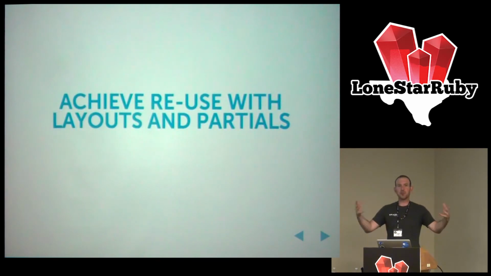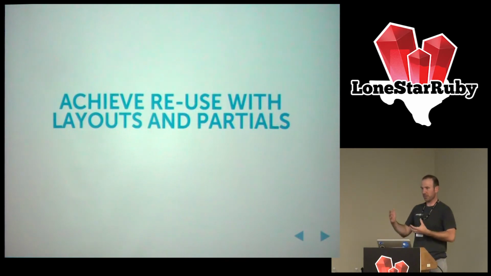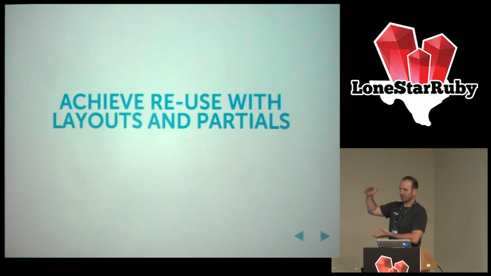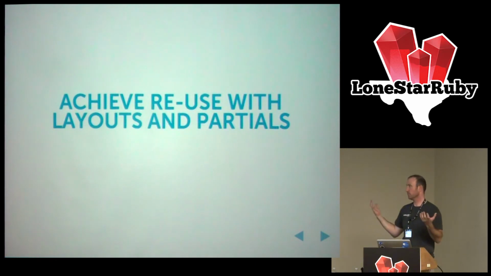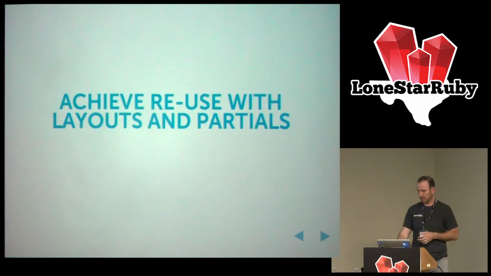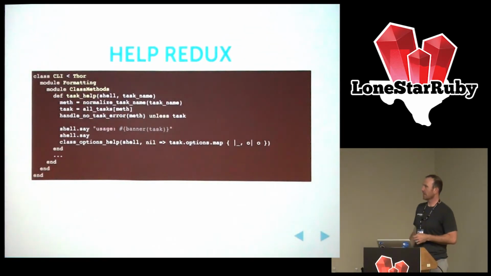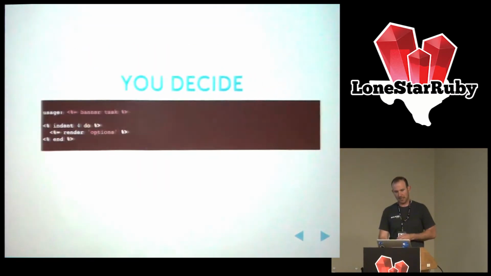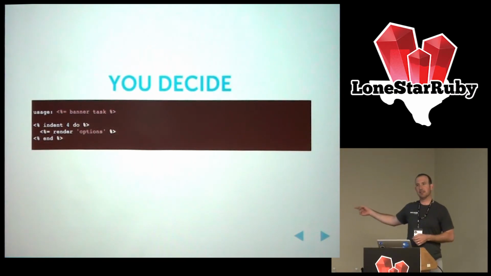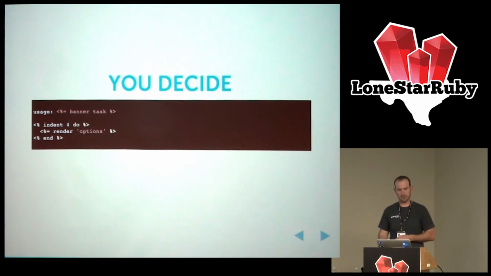You can achieve layouts by using layouts and partials like we do in Rails. So to revisit this help example that I had here, we've got a layout that's imperative Ruby code, and the same thing implemented as a template. And I'll let you decide which intent is clearer.